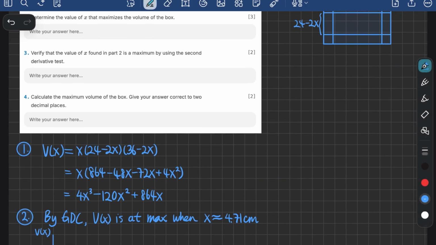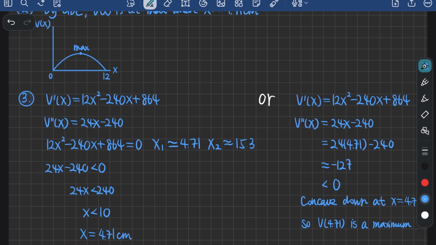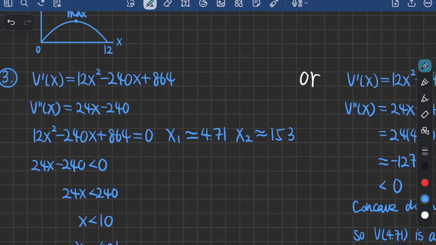There are two ways to do this. One is a little more tedious, one is a lot quicker. So I'll go over the first one, the more tedious one, but it shows you more clearly how to think about the second derivative test. So you take the first derivative and take the derivative of this to get the second derivative.